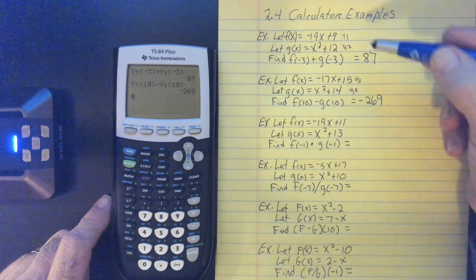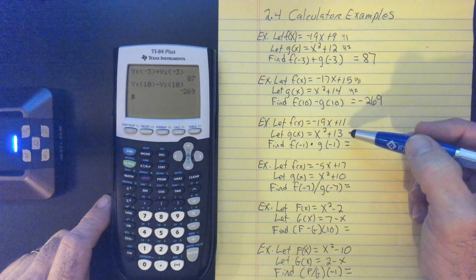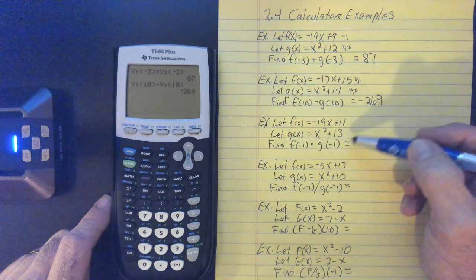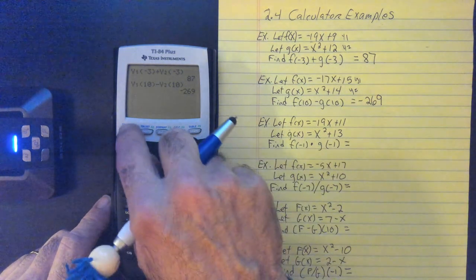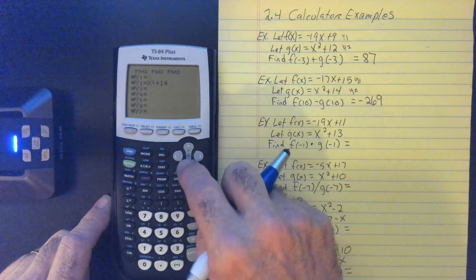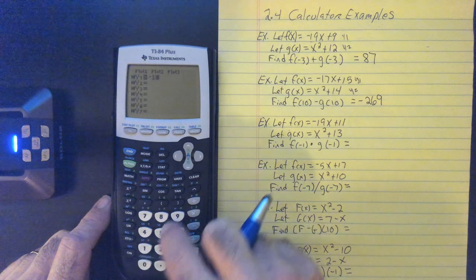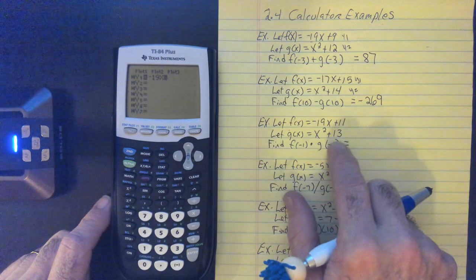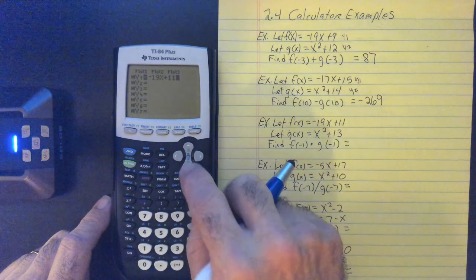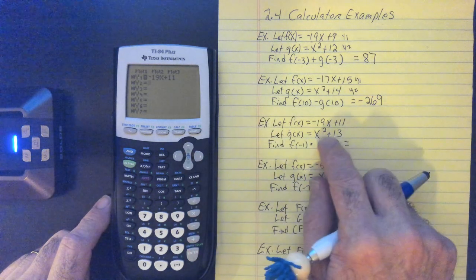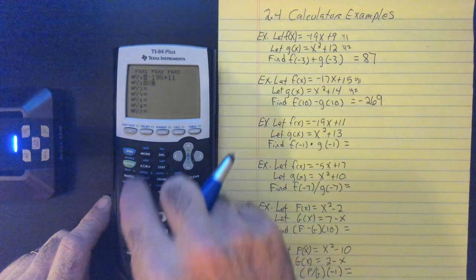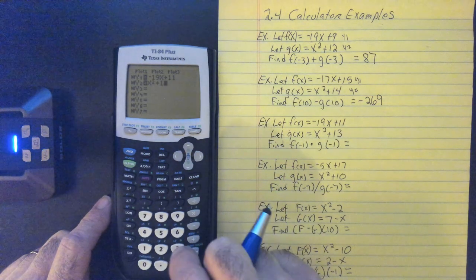Alright, so now that we're getting good at that method, I'm going to show you another thing you can do to these and keep everything in the graphing section. So I can go to y equals and clear that and clear that. So y1 will be negative 19x plus 11. I'm going to go to y2, which will be my g of x, x squared plus 13.